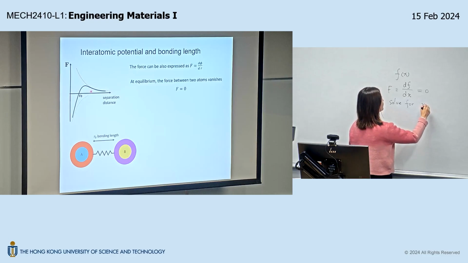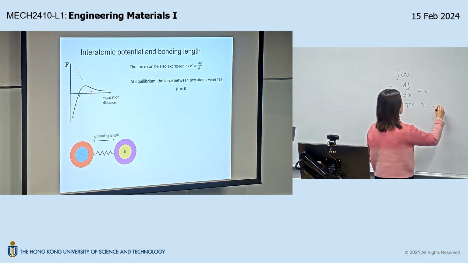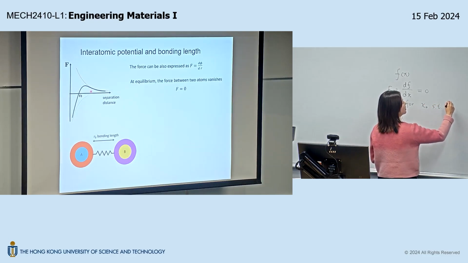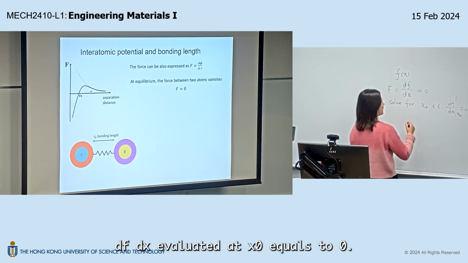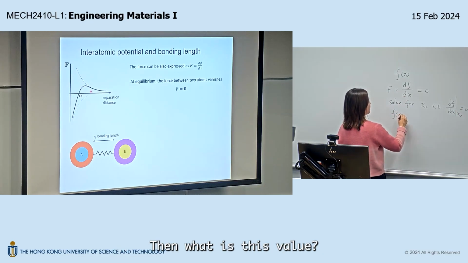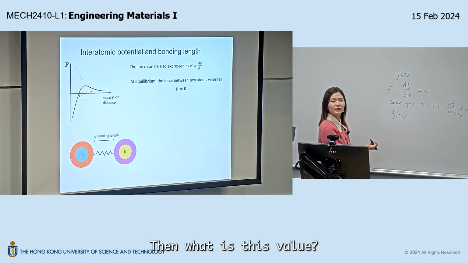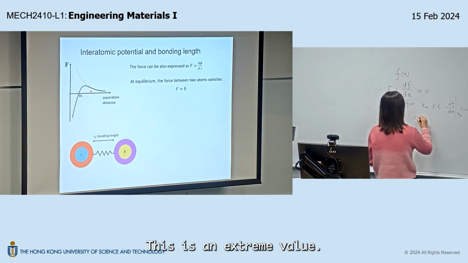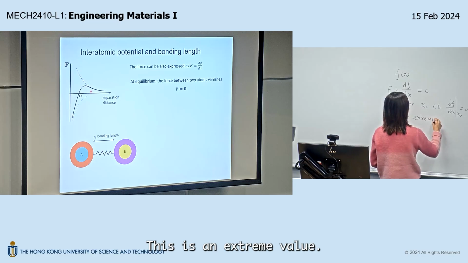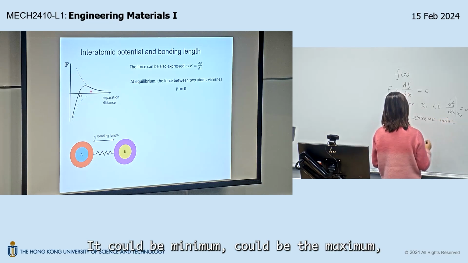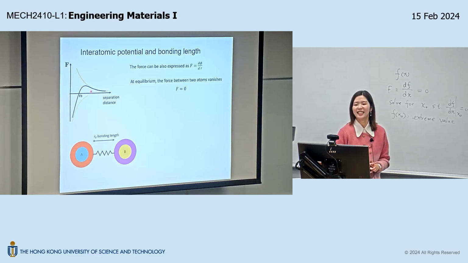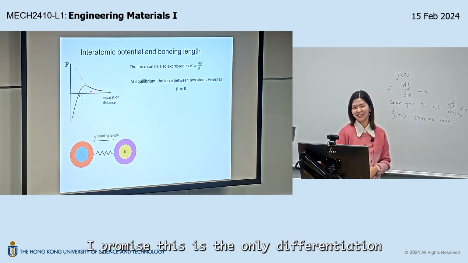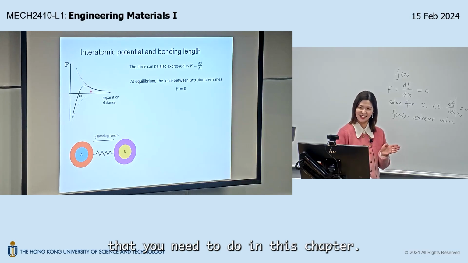You call it x0, such that df/dx evaluated at x0 equals 0. Then what is this value? This is an extreme value. It could be the minimum, it could be the maximum, but it's an extreme value, right? Okay, I promise this is the only differentiation that you need to do in this chapter, okay?